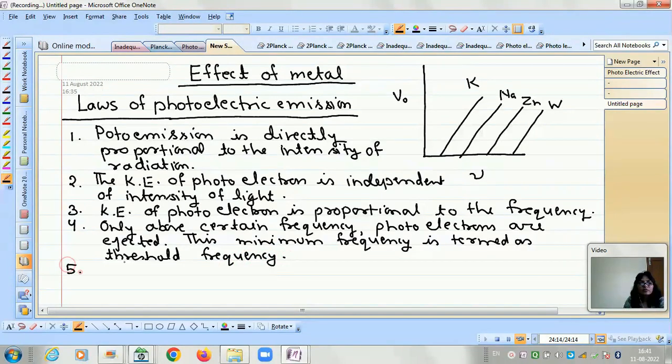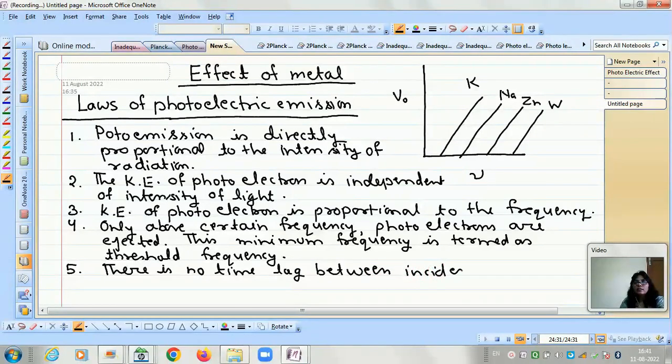Then fifth, there is no time lag between incidence of light or radiation and emission of photoelectrons.